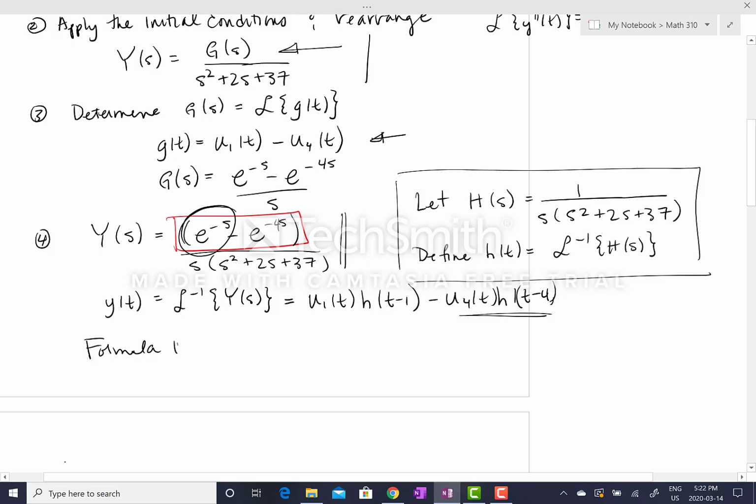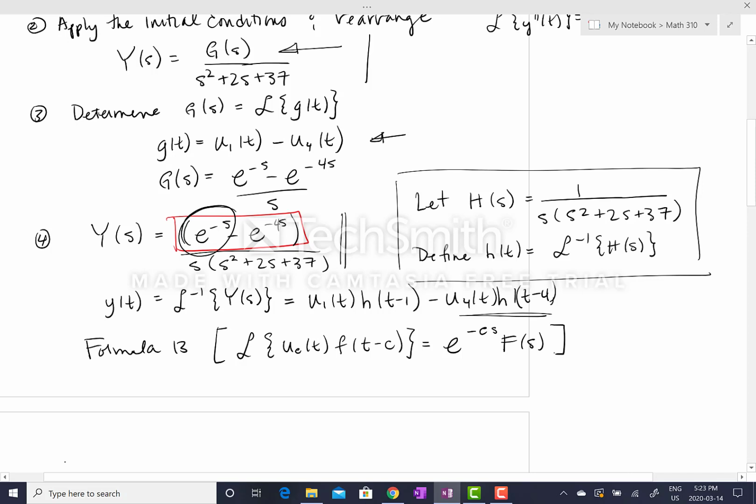This is formula 13, and it tells us the Laplace transform of uc of t times f of t minus c is equal to e to the minus cs times F of s.